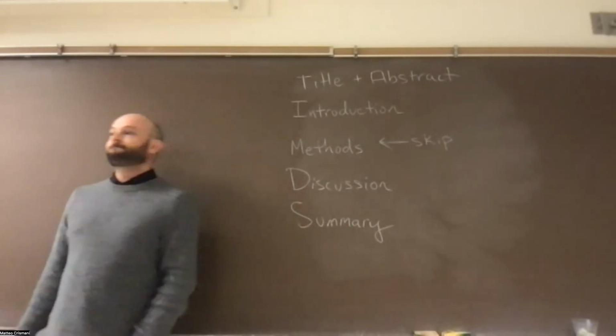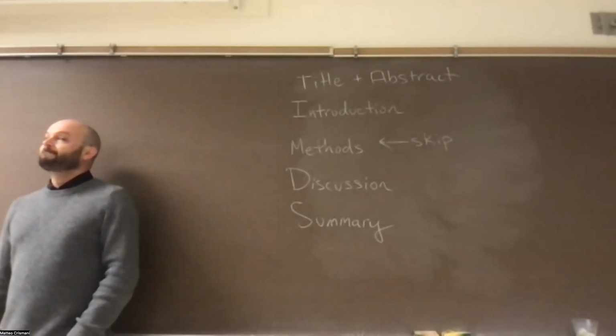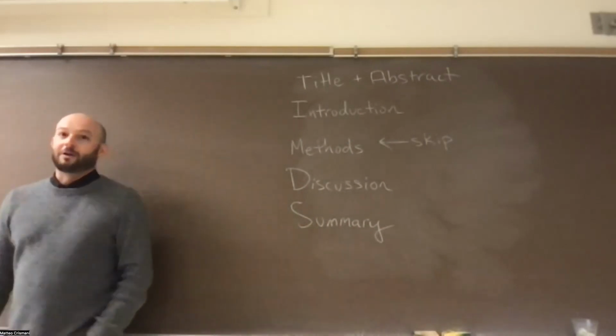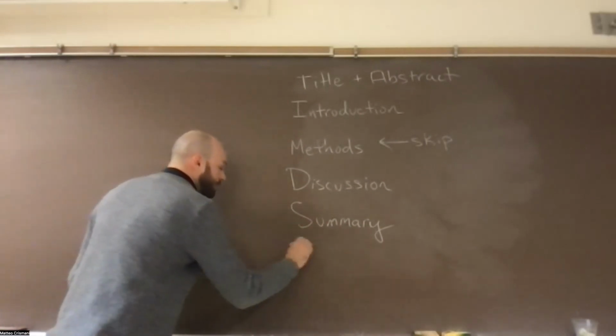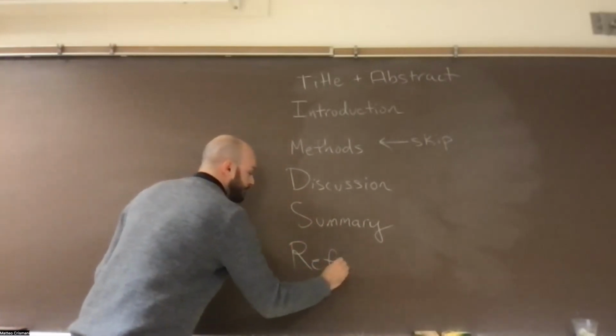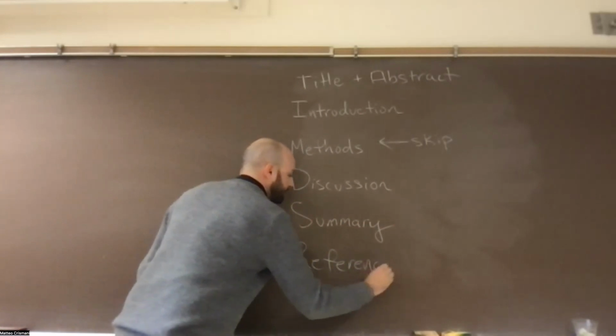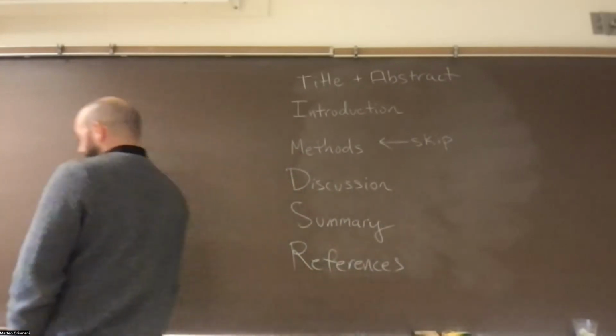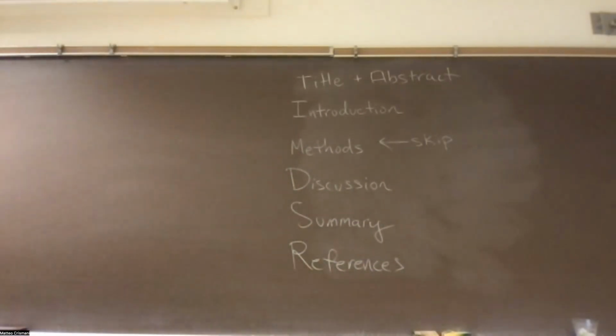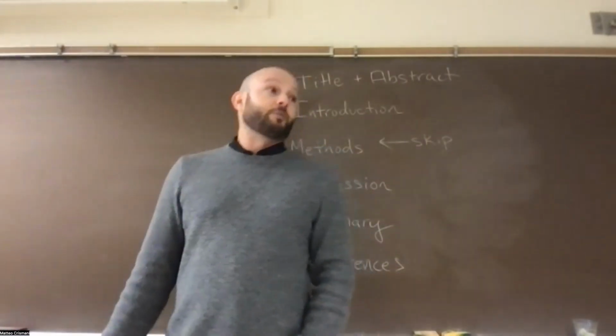Anything after that? References. Okay, so this is one thing we're going to start talking about today. All right. How do I write references in a scientific paper? Like what style to follow, or just how do I mention another person's work?